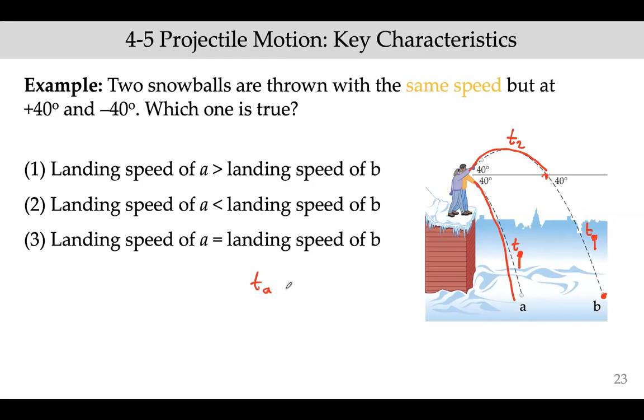For A, it's only T1. For B, it's T1 plus T2. So it takes more time for B to go down. But as far as we are concerned with the landing speeds, they will be the same for both, V final, V final. What I used here to find them equal to each other was the symmetries that I mentioned in the previous slide.